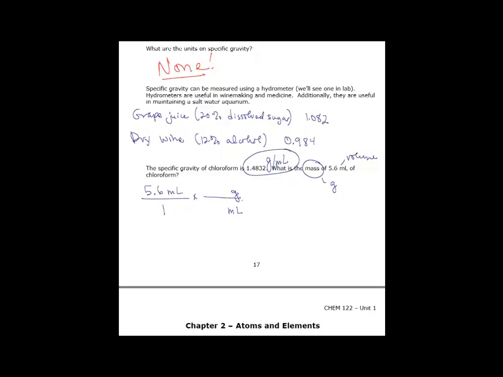I think I've made mention of this in the past, but I want to make sure it's clear. The 1.4832 goes with the grams. They are married. They stay together. They don't get divorced and get remarried. Milliliters doesn't have a number associated with it. So 1.4832 grams over 1 milliliter.